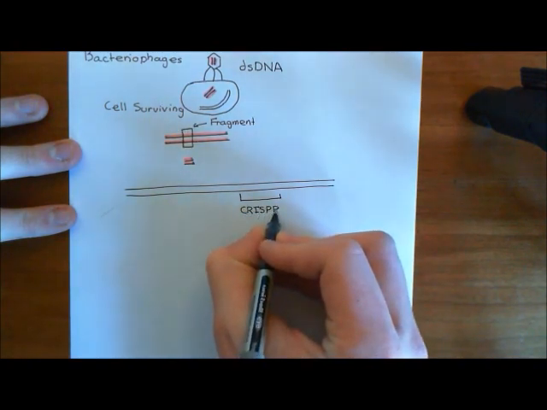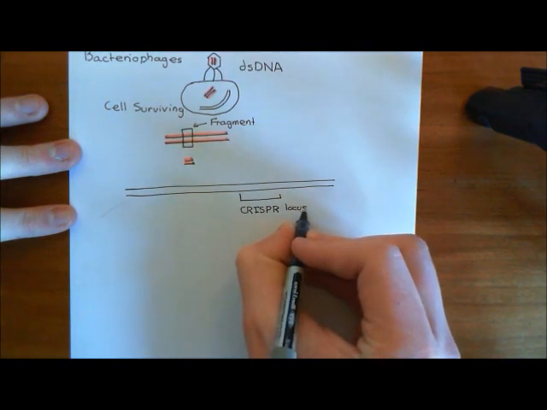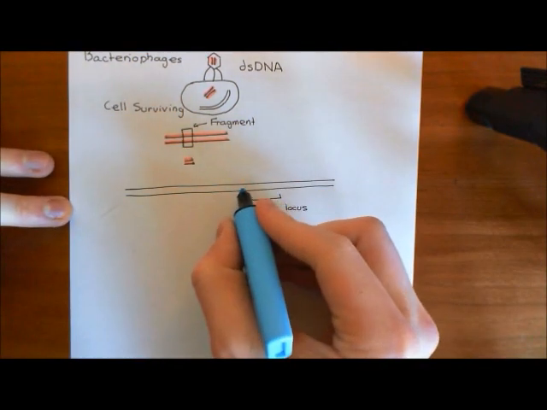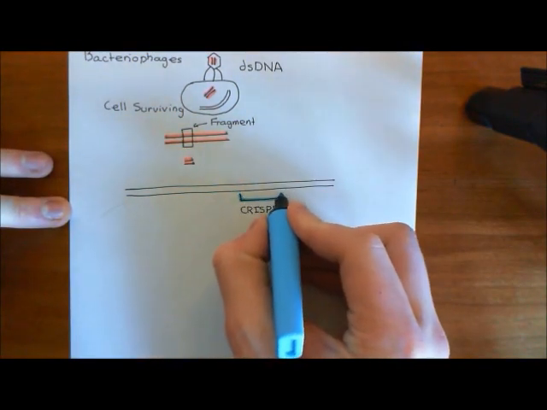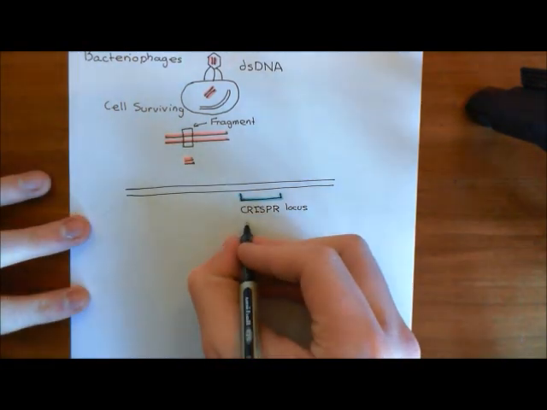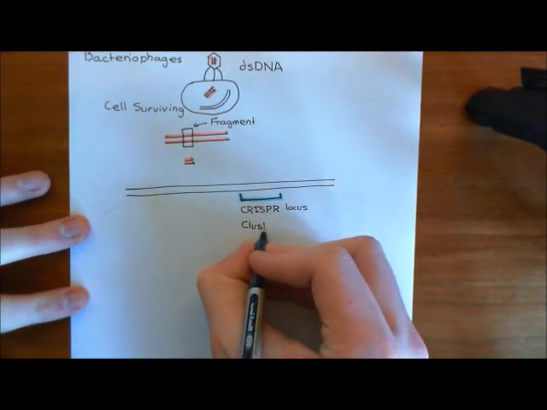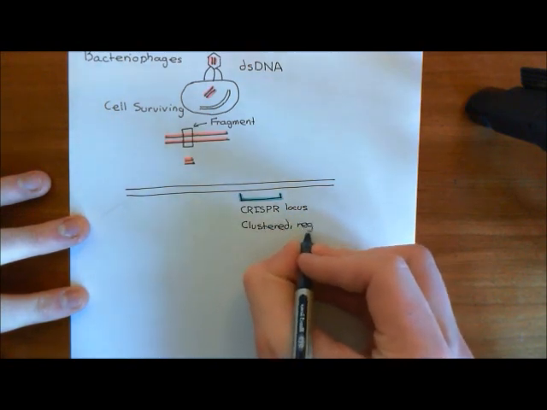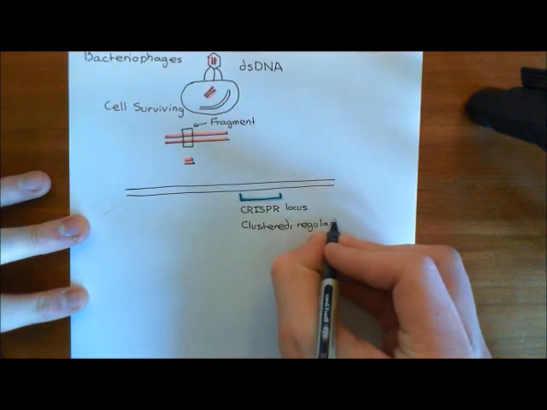Now let me explain what a CRISPR locus is. I'll firstly just highlight it up in blue here. Firstly, what does CRISPR actually stand for? Well, CRISPR stands for clustered, that's the C. Then the RI is for regularly interspersed. So it's a long name.